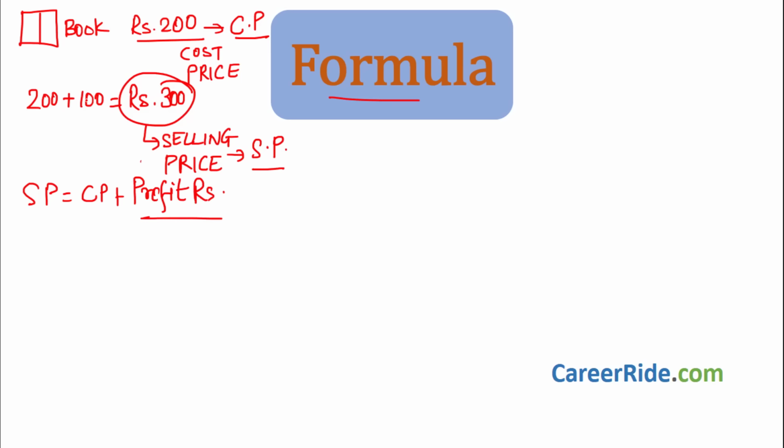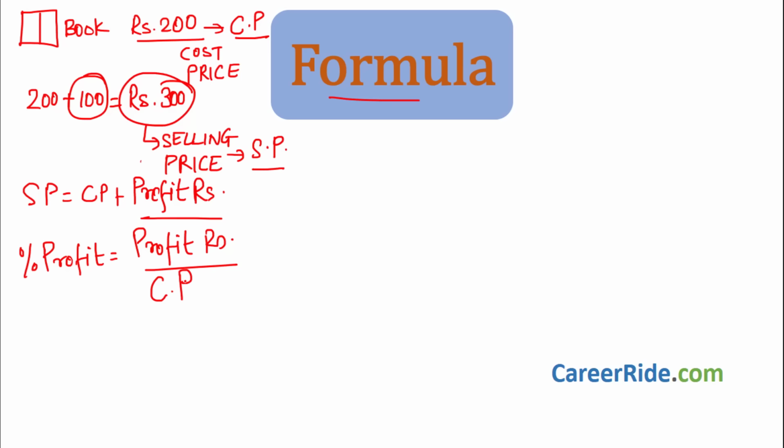Now you wanted rupees 100 profit, right? Now this profit is in rupees. If you want to express this profit in percentage, how will you do it? You will simply write percentage profit is nothing but the profit in rupees divided by the cost price. It is not the selling price but the cost price.